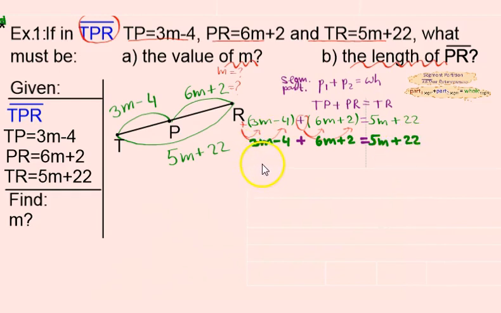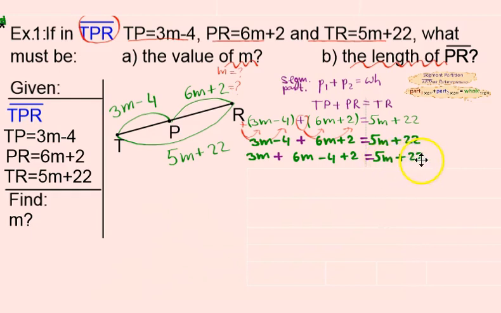I now will notice that I have 1, 2, 3 terms. 2 of these terms are on the left. So I'm going to rewrite like terms together so I can see which of them I can combine, simplifying their family. On the right side, there are only 2 terms and they belong to different families.